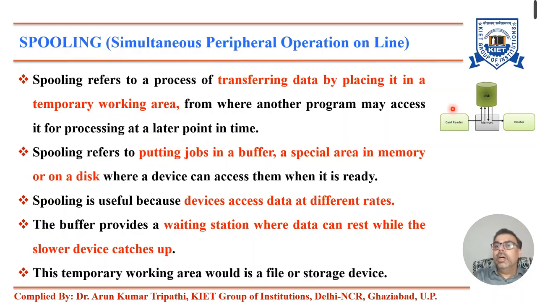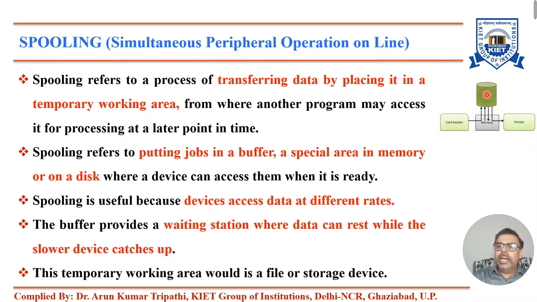For example, the data from the card reader is read by the card reader system and stored on the hard disk. The hard disk is also an electromechanical device, but it has a faster speed than the card reader.